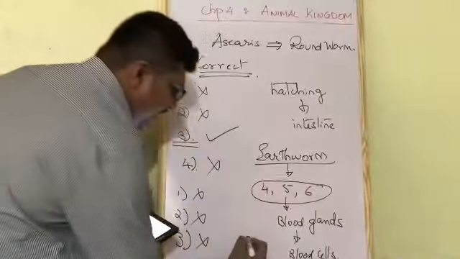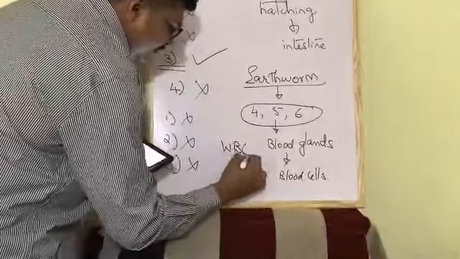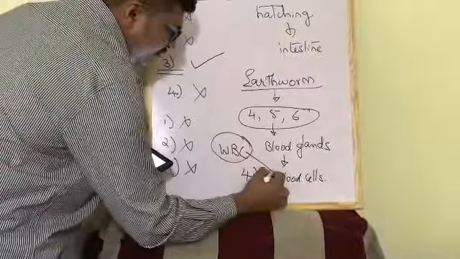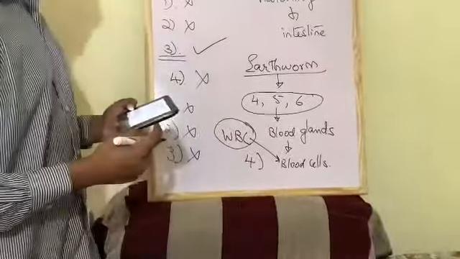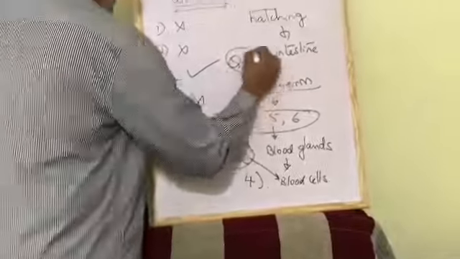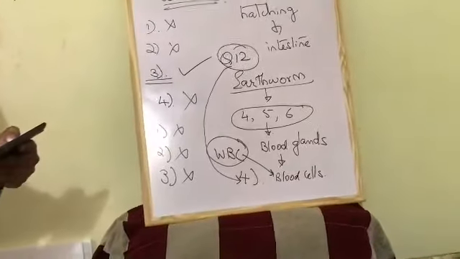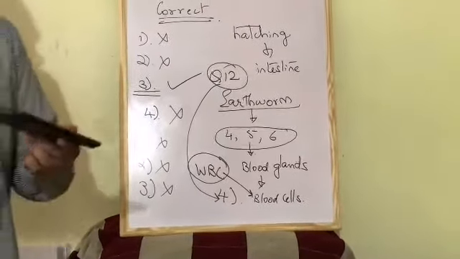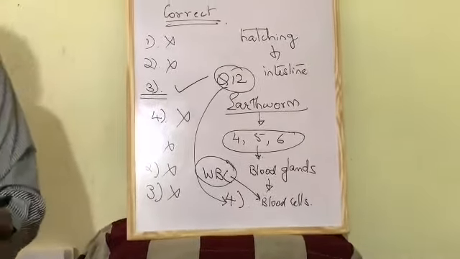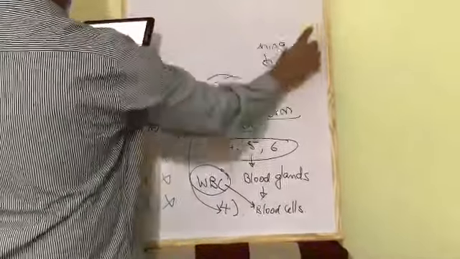Option number 4 says leukocyte production, and leukocytes are one type of WBC, and WBCs are one type of blood cells. So for question number 12, answer is option number 4. So that is question number 12. Quickly we'll erase the board and we'll proceed to the next question. Till I erase the board, let's read the question.